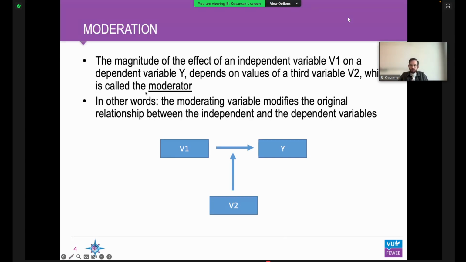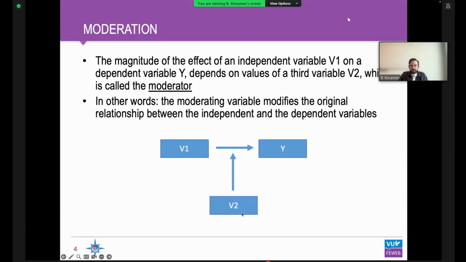As you know, moderation is related to a third variable affecting the relationship between two variables. So here in this picture, V1 has a direct effect on Y, and Y is a dependent variable, and V2 is a moderator.